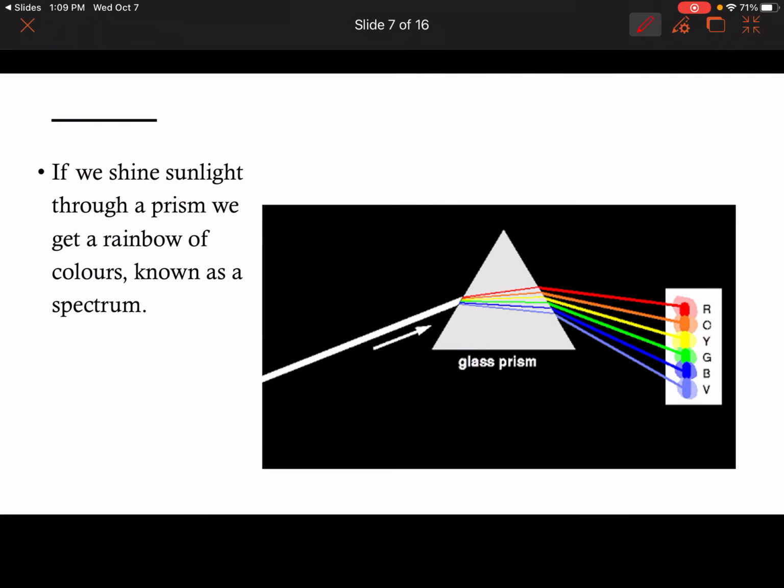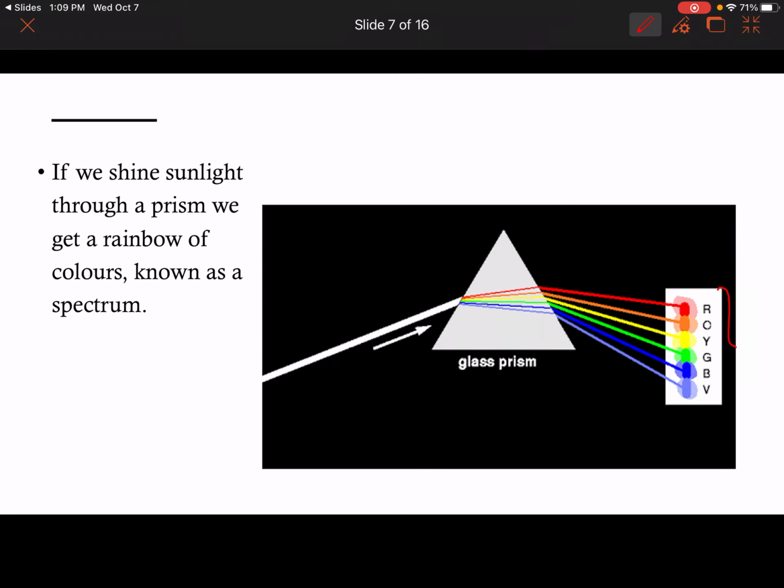Anyways, okay, now this is about halfway through page number 3. If we shine sunlight through a prism, we get a rainbow of colors known as a spectrum. You'll see this often when light happens to catch through a crystal, you'll see a little spectrum on the wall, for example. Now, when we get that spectrum, we get our ROY G. BIV.